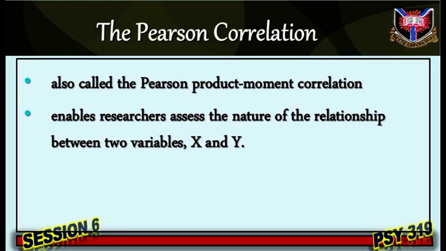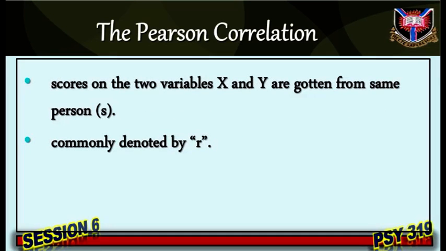to assess the nature of the relationship between two variables, x and y. Correlations are based on pairs of variables, and each pair is based on the responses of one person. In other words, scores on the two variables x and y are gotten from the same persons.